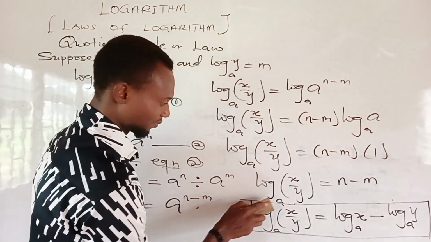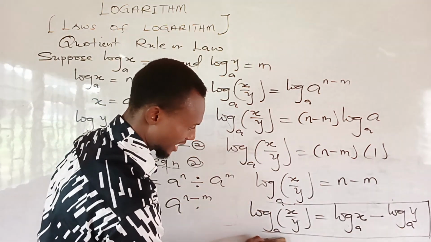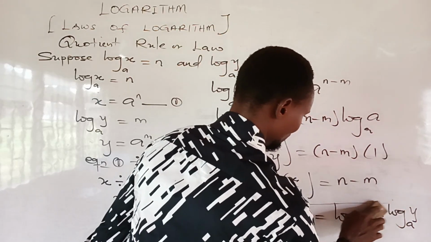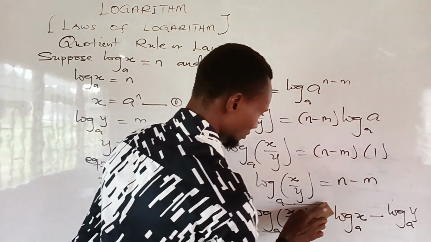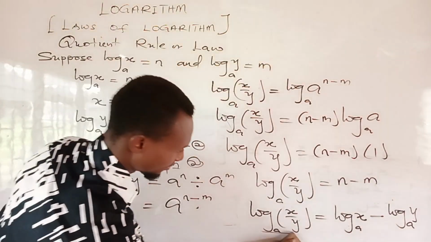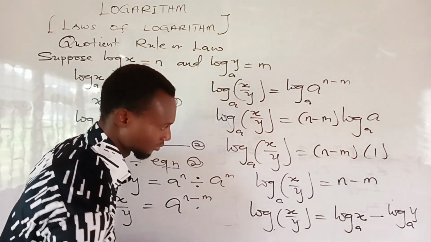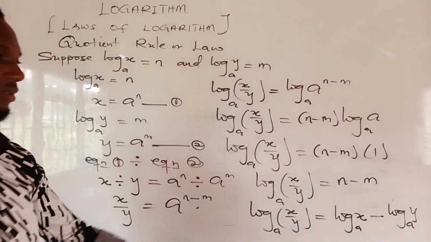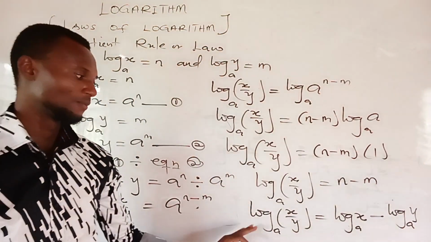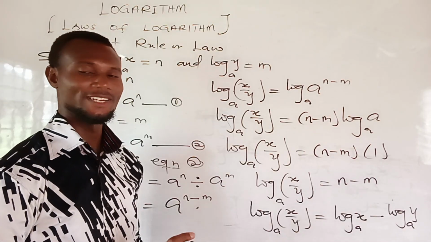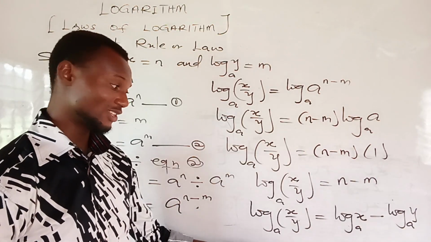Okay, so let me clean this from there so that you can see it well. Okay, so that is the quotient law. I hope the explanation was clear enough and you understand as well.